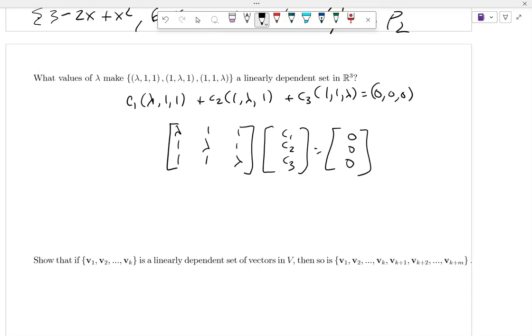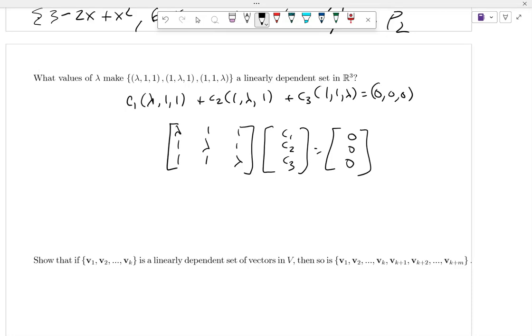It says we want linearly dependent, right? So we want infinitely many solutions. That's what the problem's asking for. If we want infinitely many solutions, what needs to be true about that matrix on the left-hand side? Think about the reverse question. If it were going to have a unique solution, if there was only the trivial solution, what would have to be true about your matrix on the left-hand side?